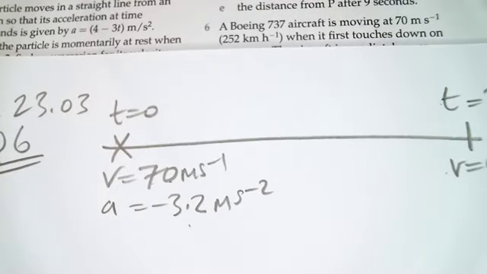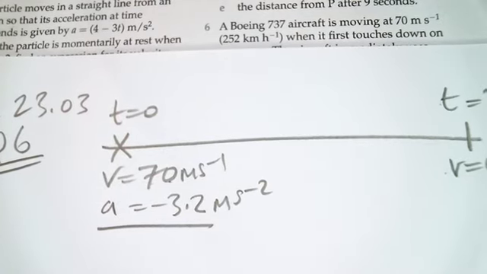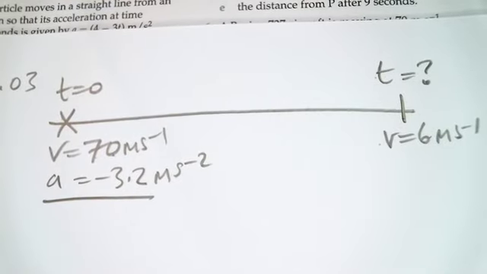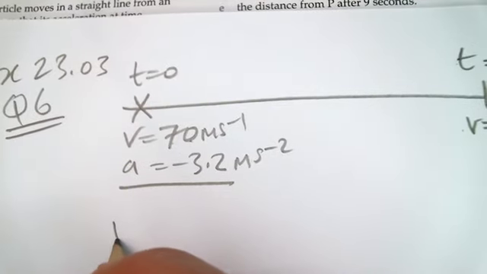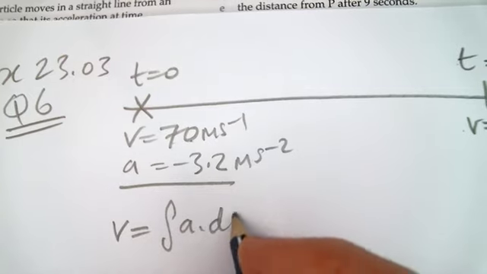We've got an equation for acceleration, so let's find an equation for velocity. Once we do that, we're in a better position. So velocity is equal to the integral of acceleration with respect to time.